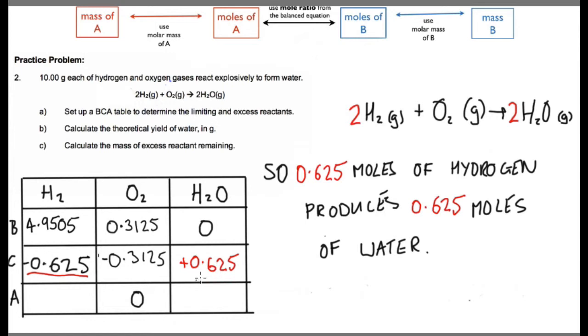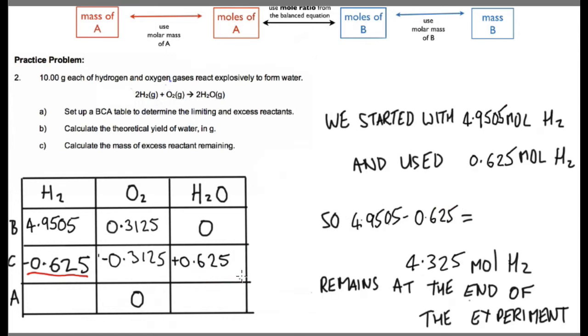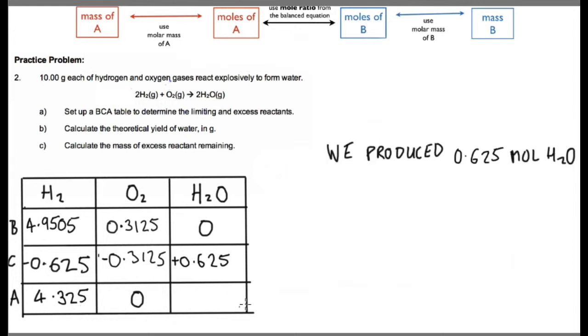So we're going to get 0.625 moles of water produced. Now let's have a look. We start with 4.95 moles of hydrogen and use 0.625. So if we just take it away, we know we're going to get 4.325 moles at the end, and we have produced 0.625 moles of water.